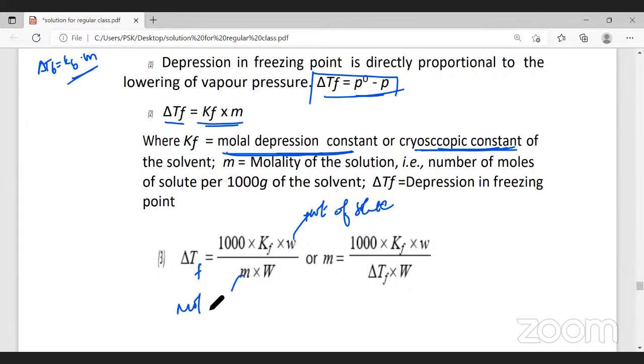This is molecular weight of solute. And this W is weight of solvent. So rearranging the terms, we can write M is equal to 1000 into Kf into w divided by delta Tf into W. So M you can take here and delta Tf you can bring down. So we can calculate the molecular mass of a non-volatile solute using depression in freezing point also.